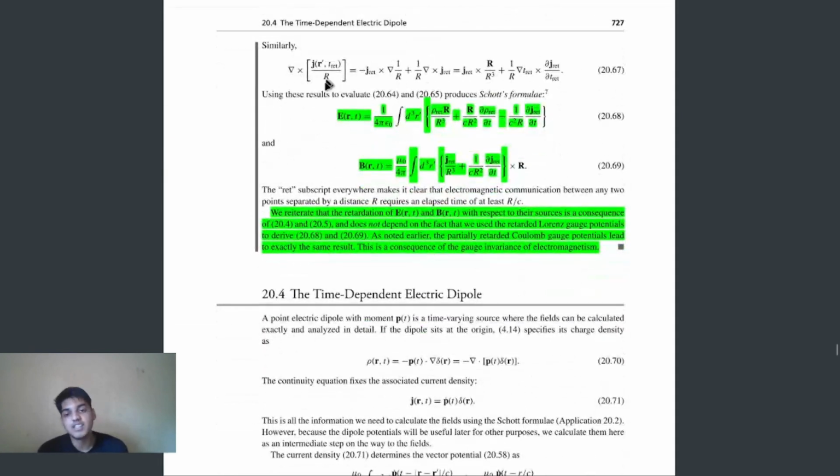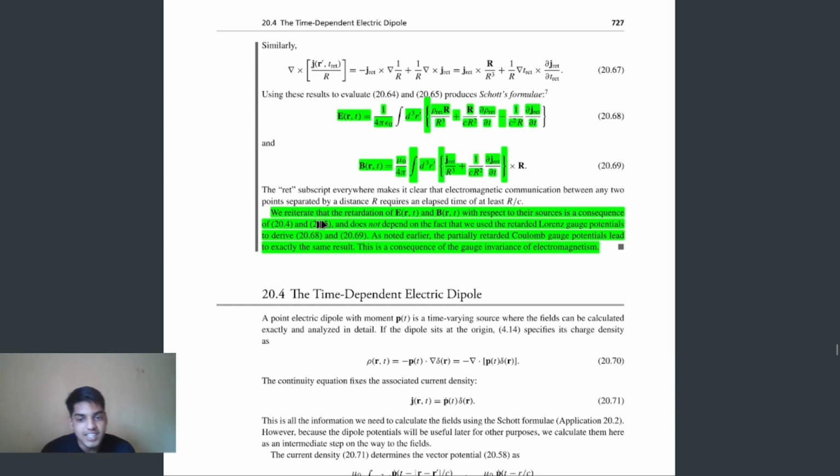They finally reach the conclusion that the electric field is 1 by 4 pi epsilon naught volume integral of rho retarded R by R cube plus R by c R square d rho retarded by dt minus 1 by c square J retarded by R dt, and the magnetic field is mu naught by 4 pi volume integral of J retarded at t_r by R cube plus 1 by c square dJ retarded by dt, cross product R.